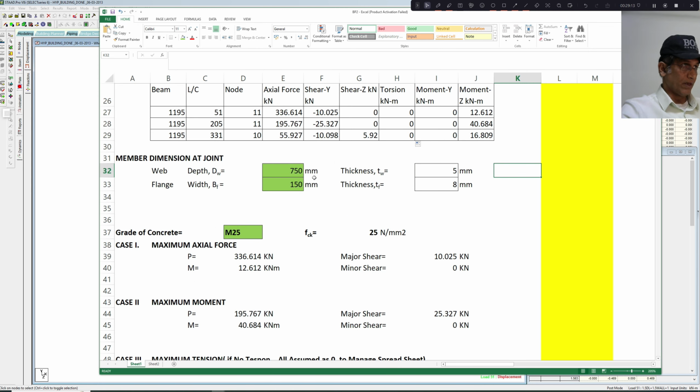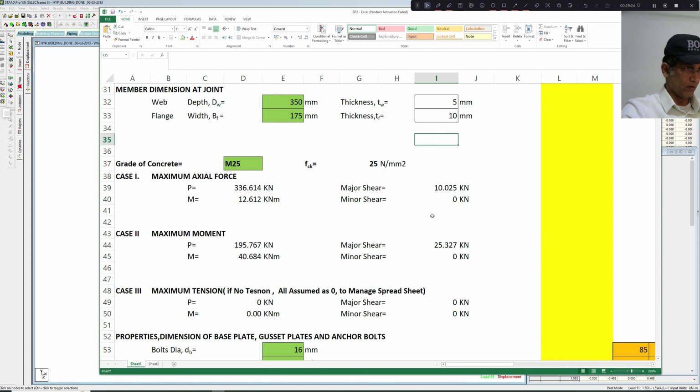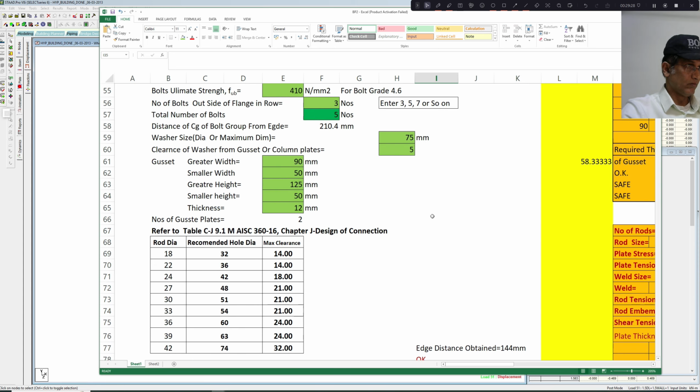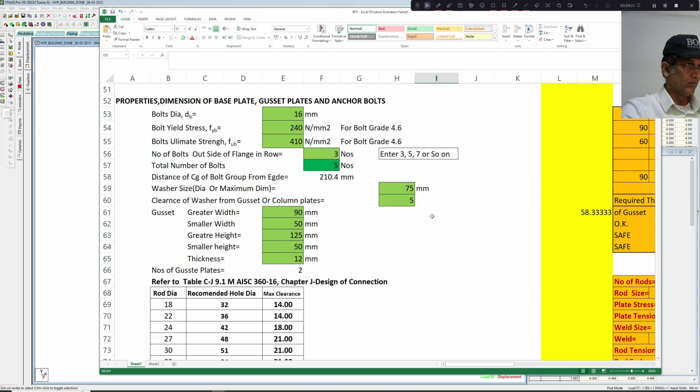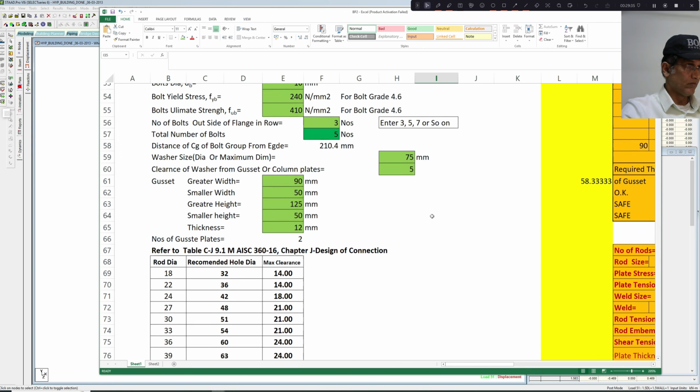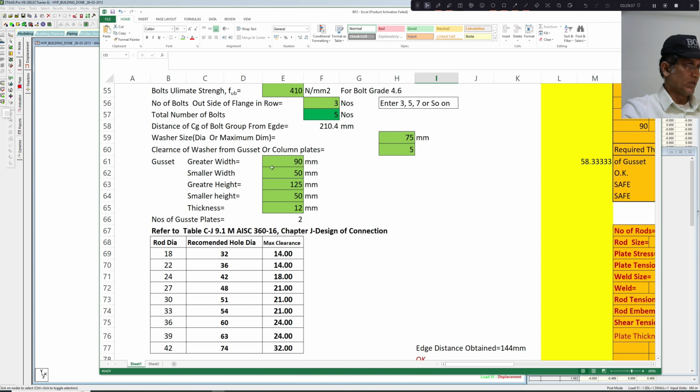So our member size is 350 by 5 and 75 by 10. See, you can make changes here, and I am taking 55 meter wide.